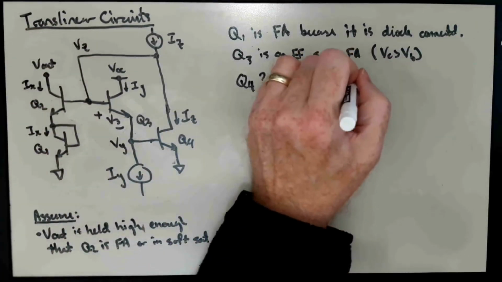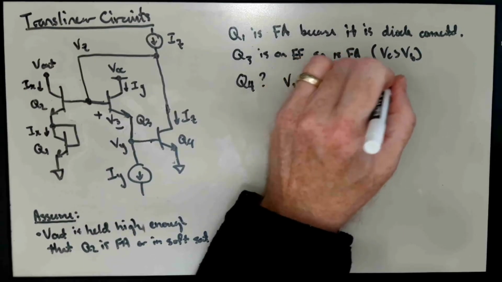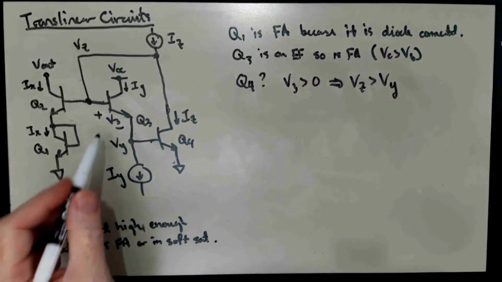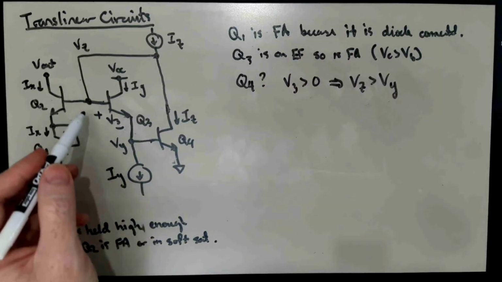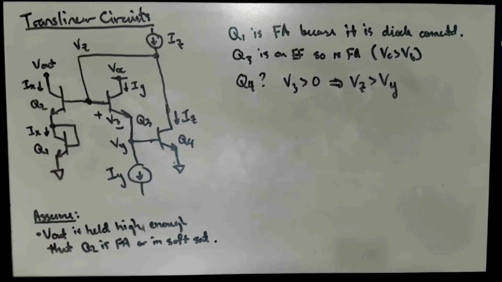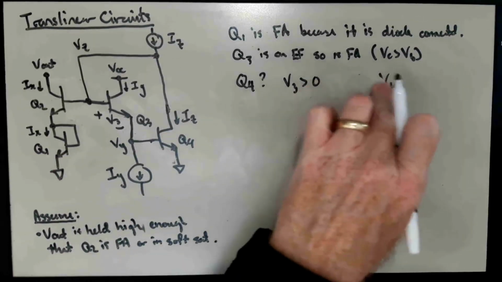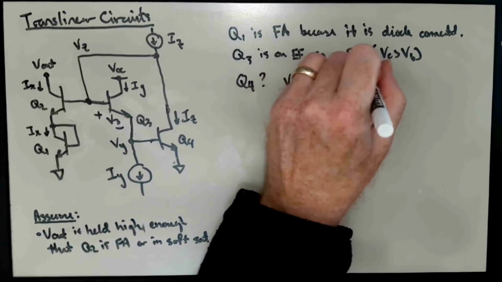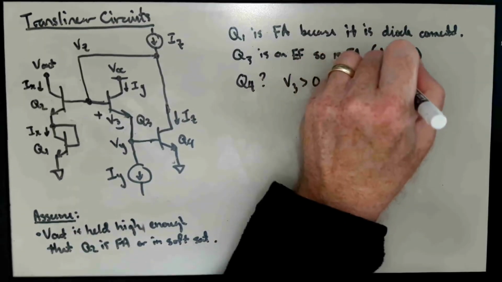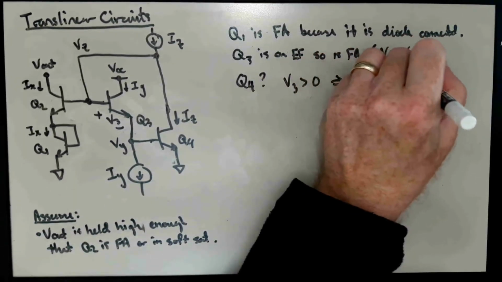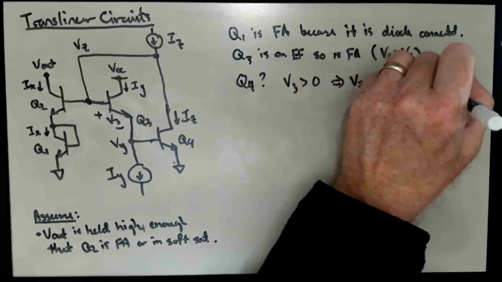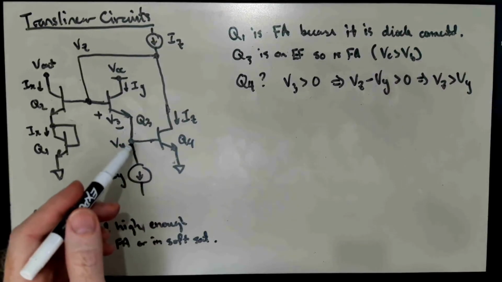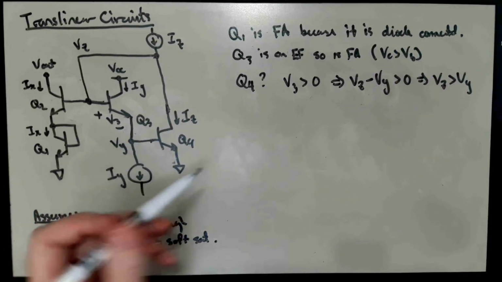That implies that VZ is strictly greater than VY, because V3 is by KVL VZ minus VY. VZ minus VY is greater than 0, implies that VZ is greater than VY. So the collector is greater than the base, and so it's forward active.